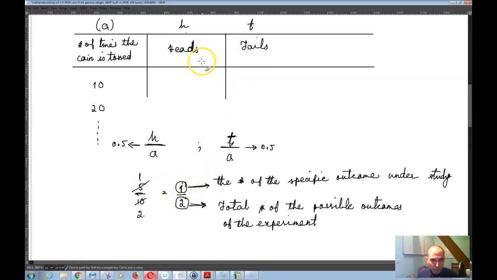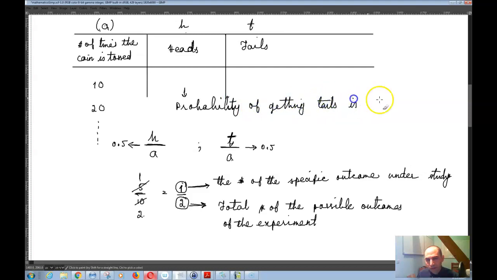That means that, informally, you could say that the probability of getting tails is basically 1 to 2, and also the probability of getting heads is basically 1 to 2.